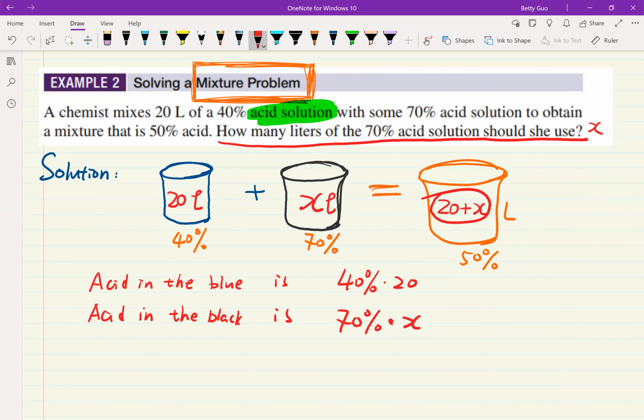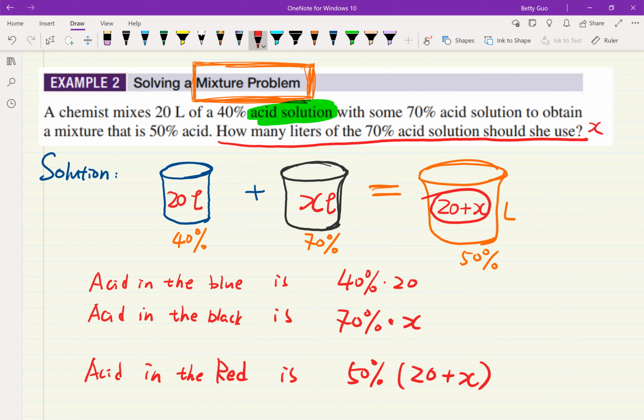So 70% times X. Does that make sense? Okay, very good. Now, how many liters of acid in the red container? That is 50% of, and of means multiply, right? Multiply 20 plus X, which means half of 20 plus X is acid. Does that make sense? Ian, do you see that?